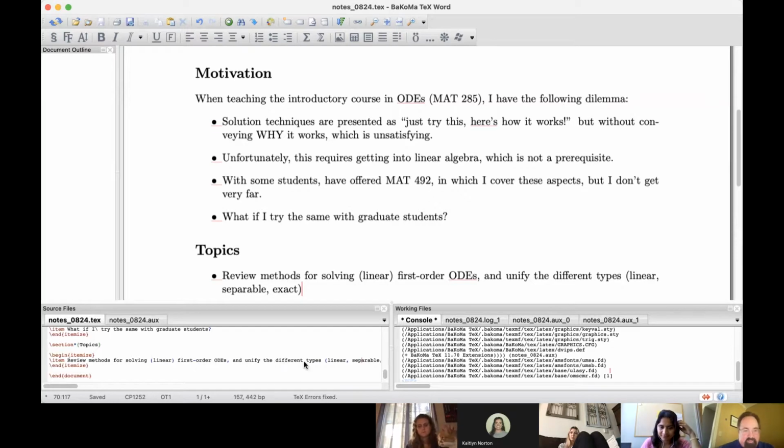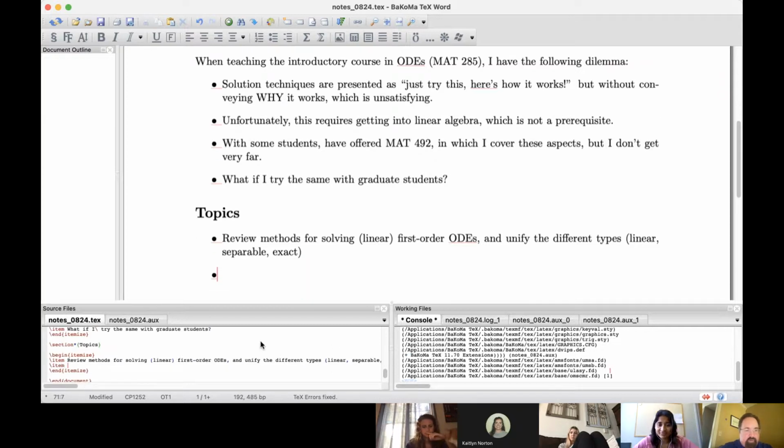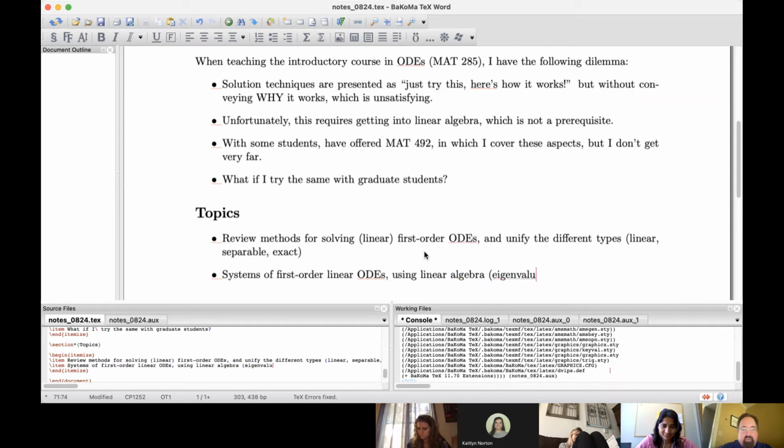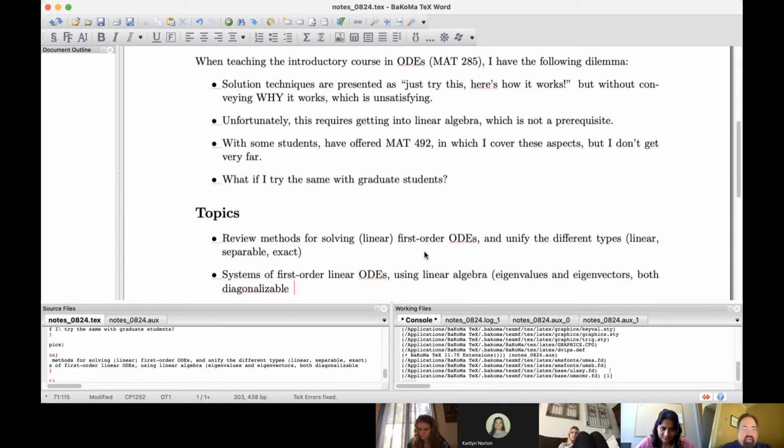Okay. Then from that, I will move to systems. First order, again, linear ODEs, that will use ideas from a single first order ODE, but uses linear algebra. And for that, we're going to be relying heavily on eigenvalues and eigenvectors. Also, we have to look at the case where matrices involved are diagonalizable or non-diagonalizable.